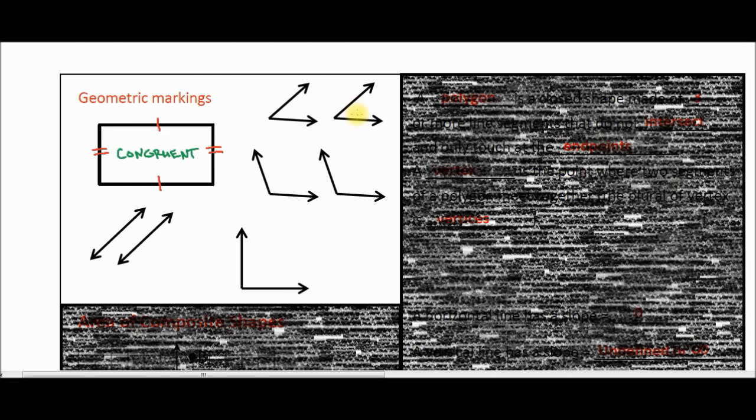That means these two angles are congruent. There are two ways to mark congruence for an angle. One way is to put a little single arc right here and a single arc right here. That tells you these two angles are congruent. You could also do double mark, triple mark. Again, if the markings are identical, it means the angles are congruent.